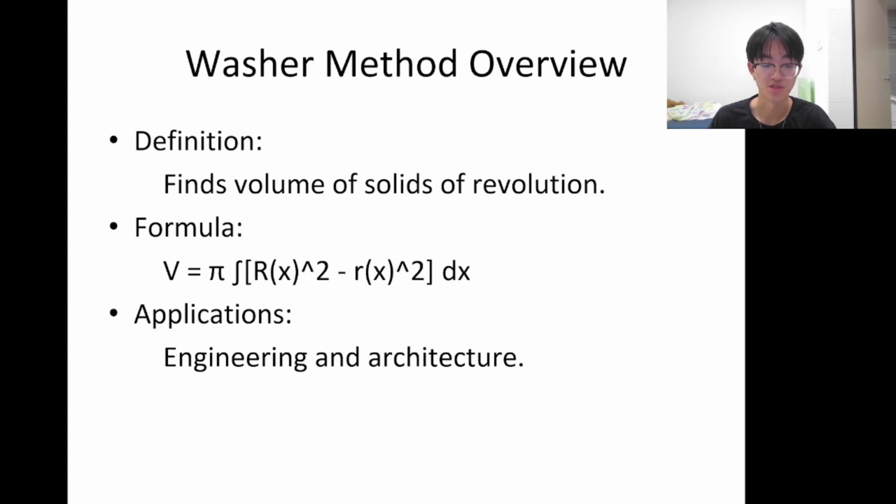And the washer method is a technique for finding the volumes of solids of revolution by integrating the areas of washers across the interval of revolution. The formula is listed here, and it can be applied in engineering, designing, manufacturing, and architecture.